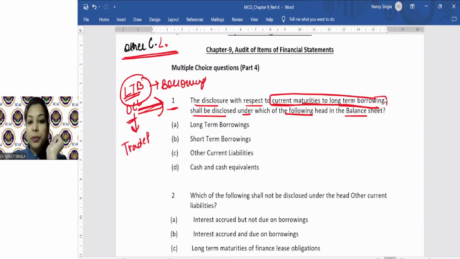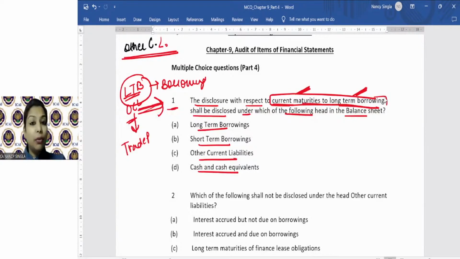The disclosure with respect to current maturities to long-term borrowings shall be disclosed under which of the following head? Is it long-term borrowing? Is it short-term borrowing? Is it other current liabilities? Or is it cash and cash equivalents?